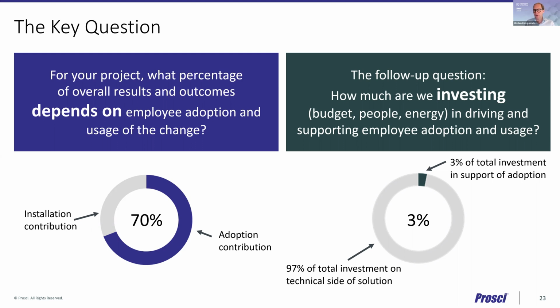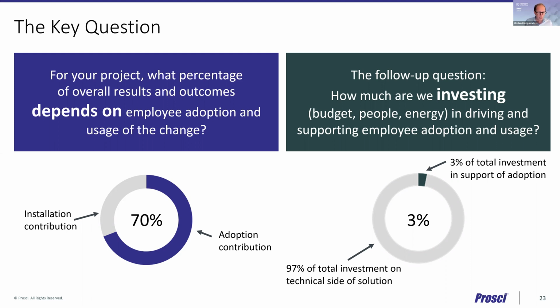Am I spending enough time as a sponsor in terms of making sure this happens? Have I dedicated enough resource to this project to make sure that we get those 70%? That's where the cognitive dissonance brings value into this conversation: we're not spending enough time on it, but it's actually relying on people adoption and usage.